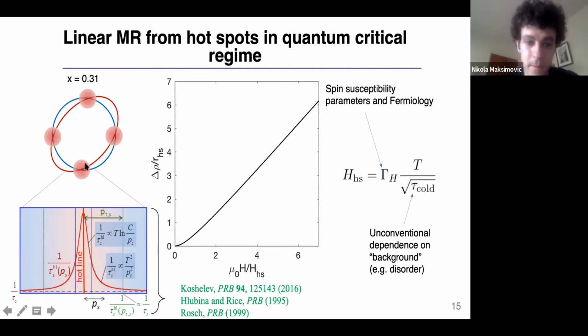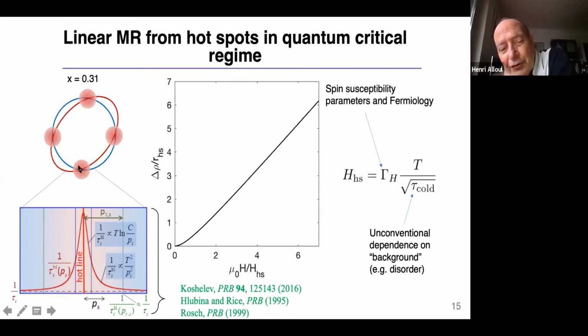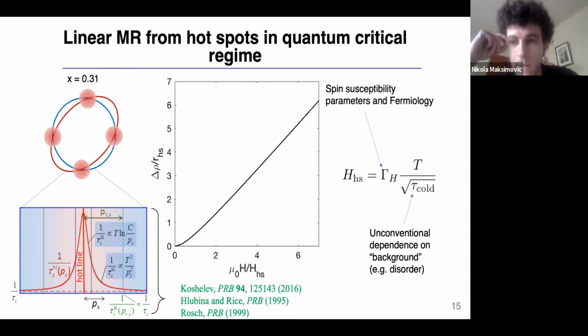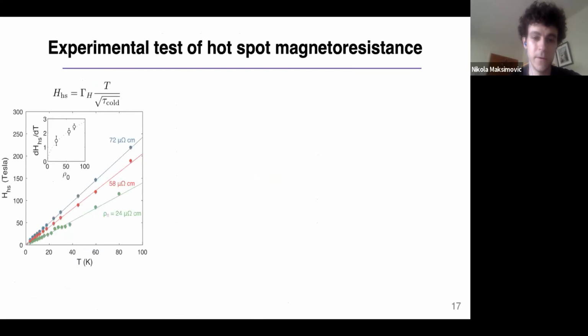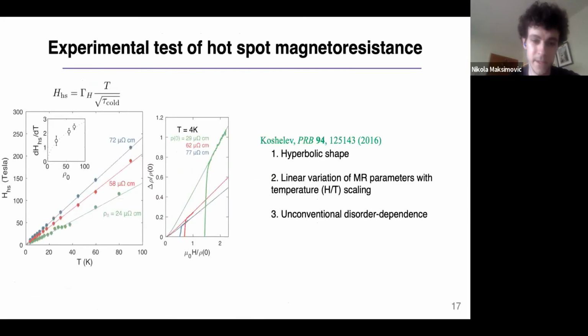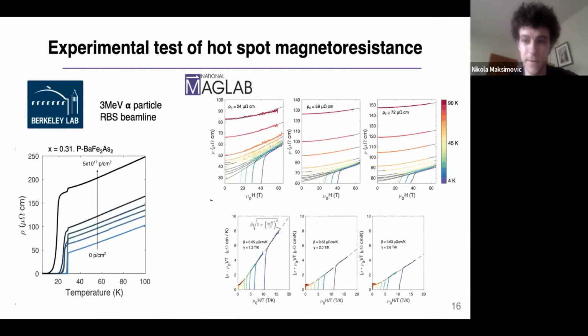You primarily consider this nesting point, so you have to consider the band which has the nesting points. Yes. So there's not a one-to-one correlation between resistivity and magnetoresistance. For resistivity, you need to consider everything. Magnetoresistance is dominated by these very small regions.